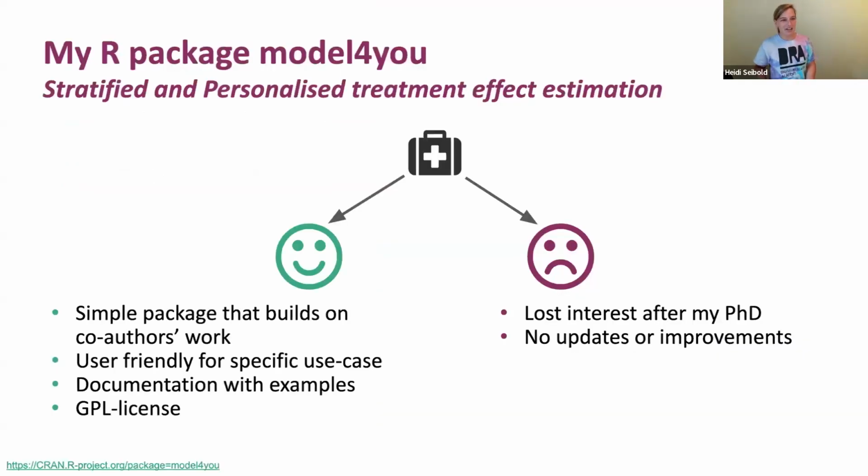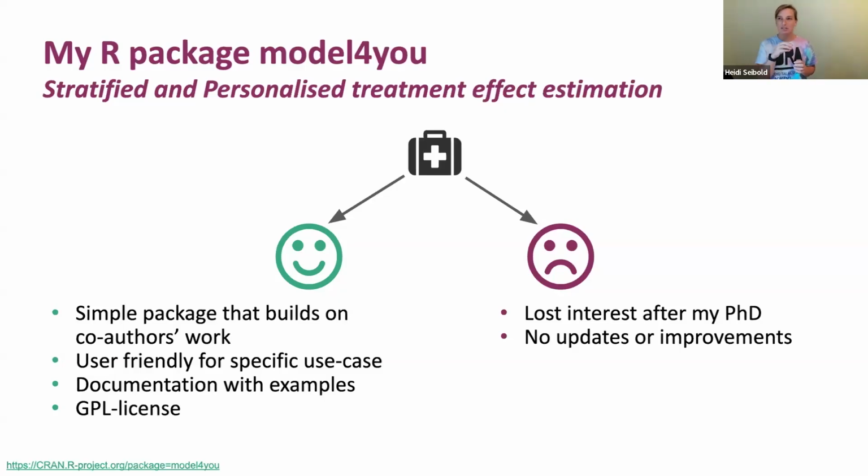Again, I want to share an example of my own work. I wrote an R package for my PhD that's called Model4U. It's an R package that does stratified and personalized treatment effect estimation. So we know that in clinical trials, for example, we estimate the treatment effect of a certain new treatment.